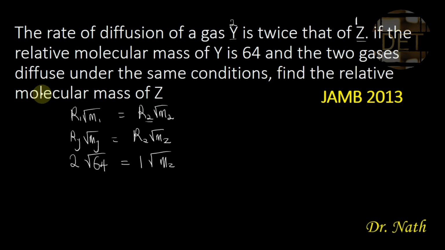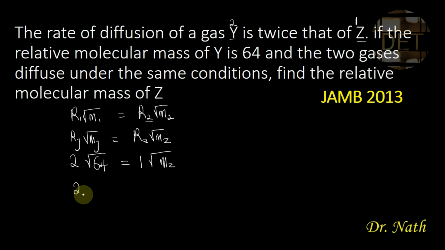Find the relative molecular mass of Z. So having written this, 1 times square root of MZ is equal to square root of MZ, because 1 times anything is equal to that thing. 1 times 10 is equal to 10. 1 times 30 is equal to 30. 1 times X is equal to X.